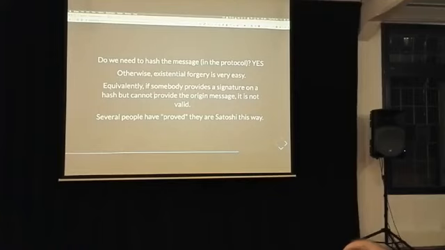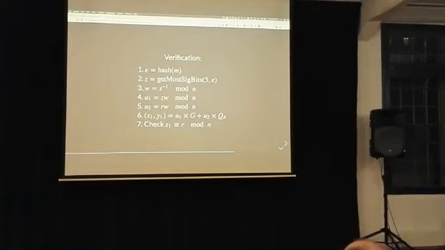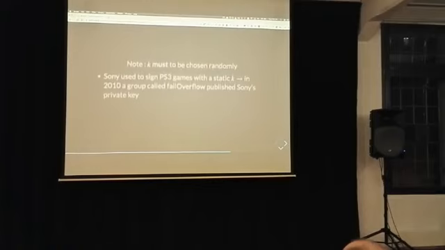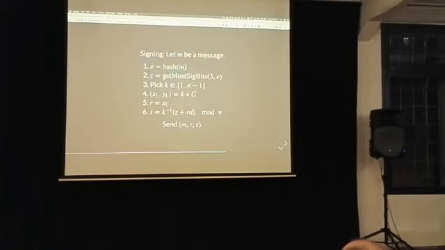So the lesson to learn here for you guys and for me is that in ECDSA, you must hash the message in both signing and verification, and furthermore, what should be sent across the wire is not merely the hash, but the actual message. That's the only way that ECDSA is secure.